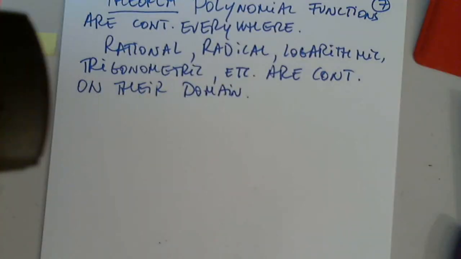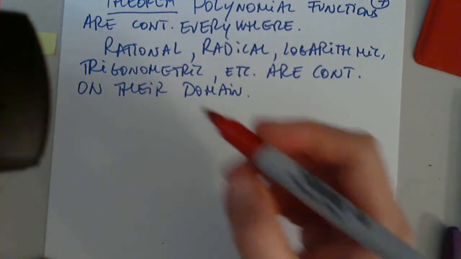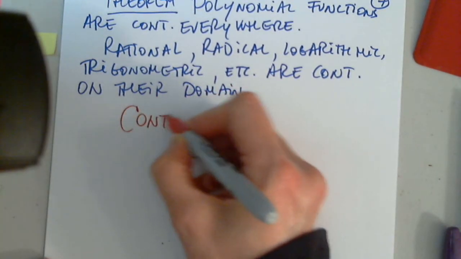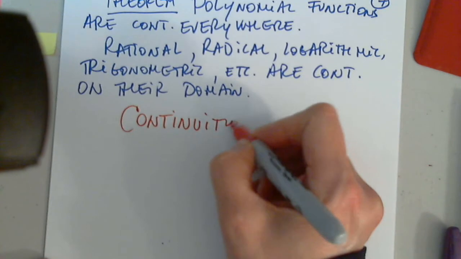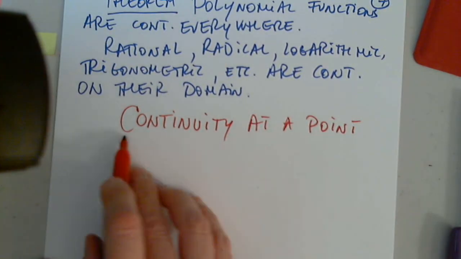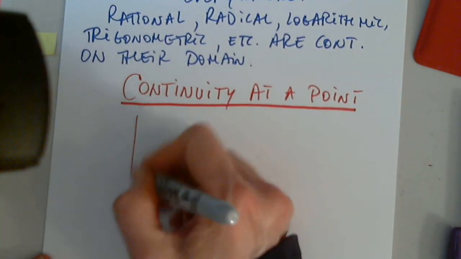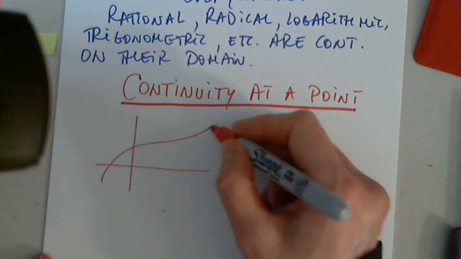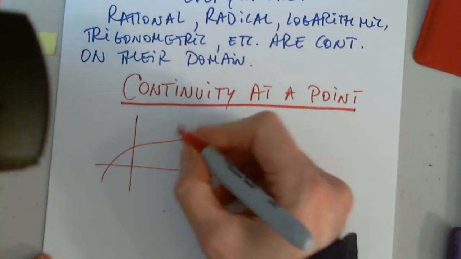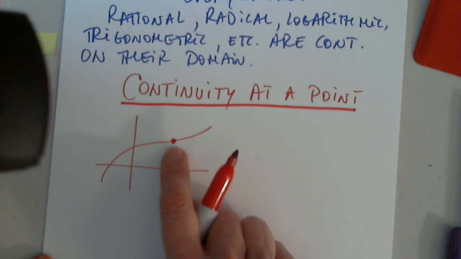Okay, next step here is something very important. I keep saying that. Everything is important, I know. Continuity at a point. So let's take a look. So here's a function. Is this function continuous at this point?